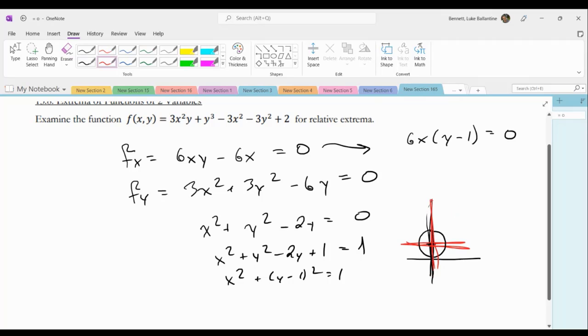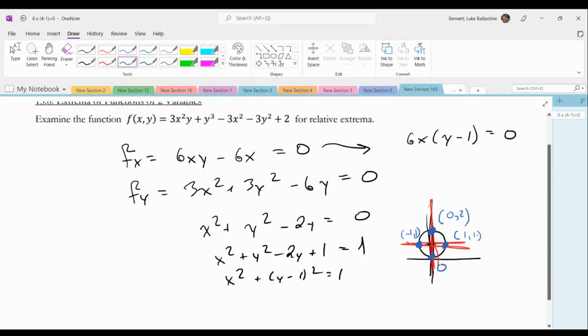So we have only a few spots where both of them are 0 at the same time. Here, here, here, here. So this is the point 0, 2. This is the origin. This is 1, 1. This is negative 1, 1.